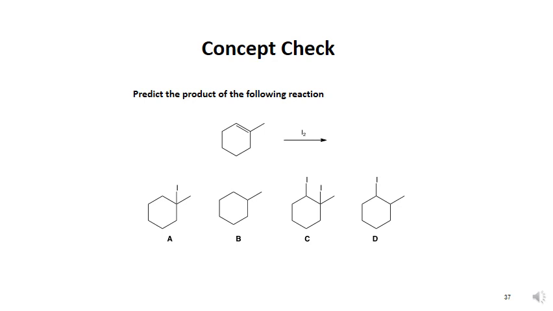So what do you think? Man, this is organic chemistry at its most simple and most repeatable. Here's a starting product. Here's a substance that you're going to use to react. Your job is to predict the product.